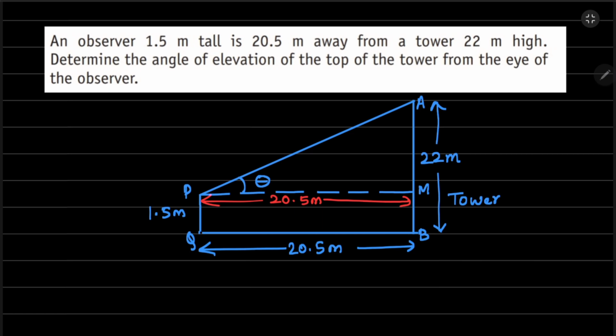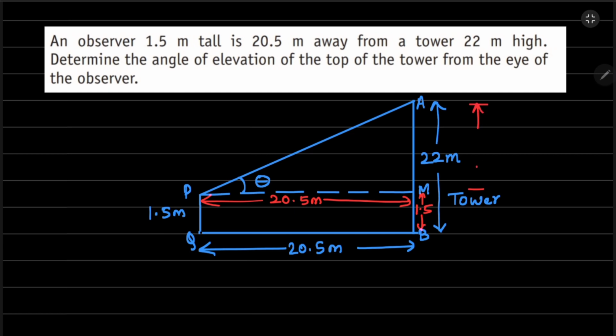I hope all of you can see a right angle triangle being formed, the triangle wherein you have this theta, right angle triangle AMP. So you know the whole height of the tower is 22. Then what is MB? MB is equal to PQ, right? So this is also 1.5 meters. This small length MB.